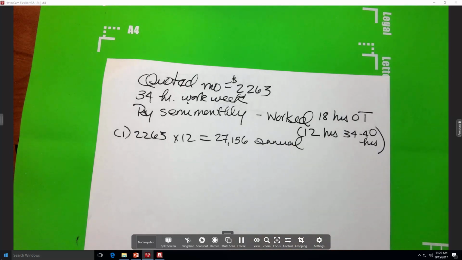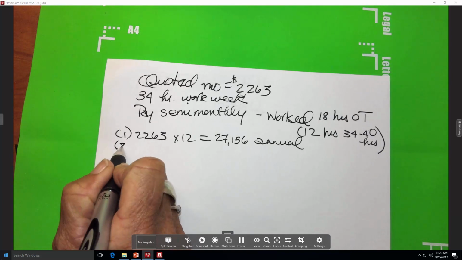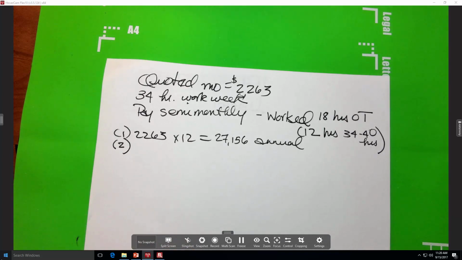All right, that's my annual salary. What's step two? Figure out my regular semi-monthly paycheck. Monthly by 2? No. Always go back up to the annual and divide by the number of pay periods in the year.